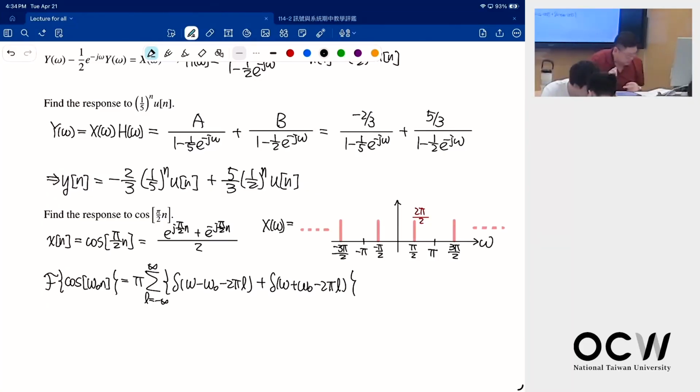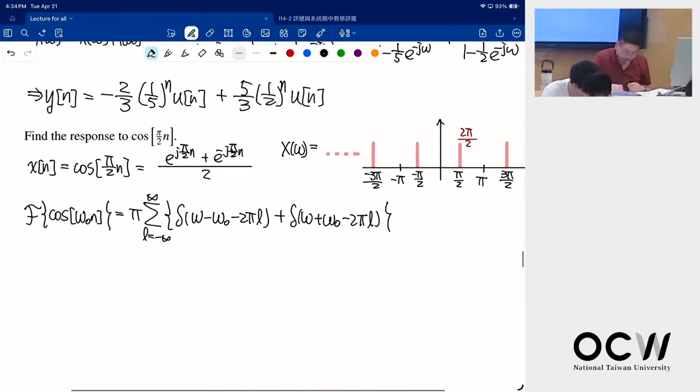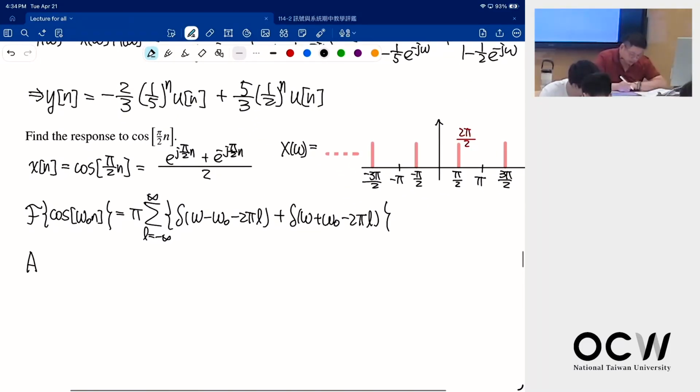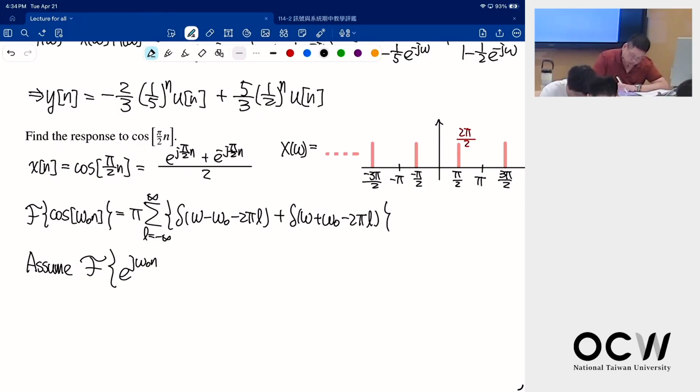And we also learned in the beginning of today's lesson the Fourier transform of e to the minus j omega naught n.